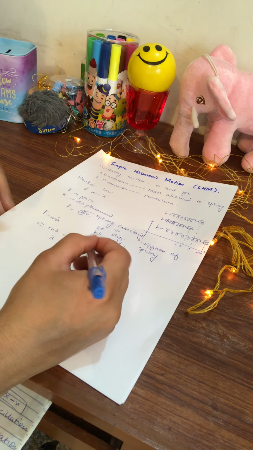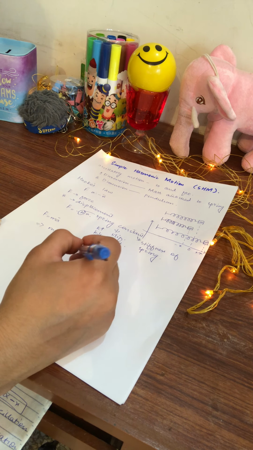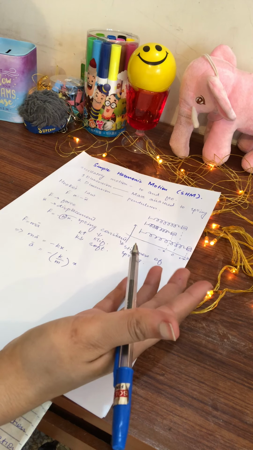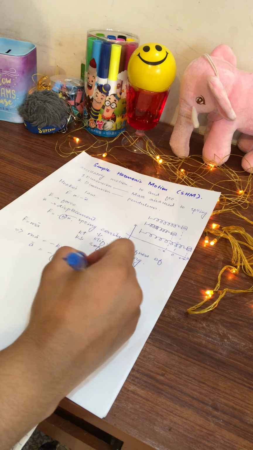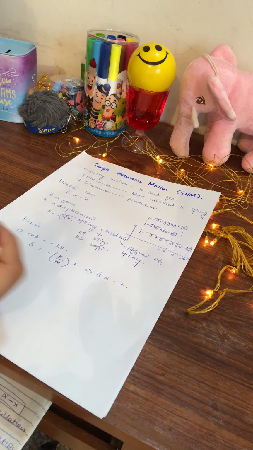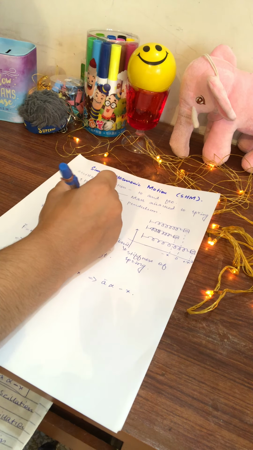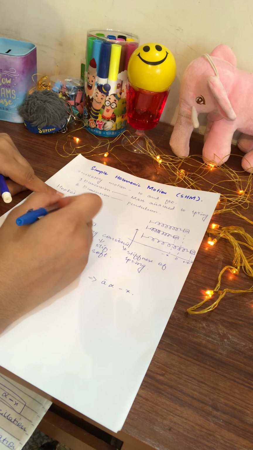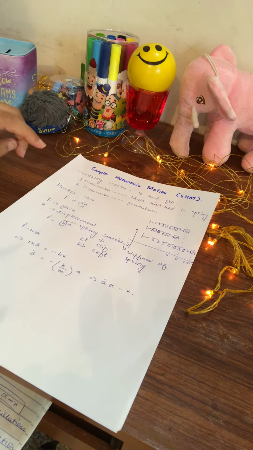K and m are constants, and they would remain constant throughout our experiment. So we can replace them from proportionality. The negative sign indicates that force and displacement are always opposite in direction.